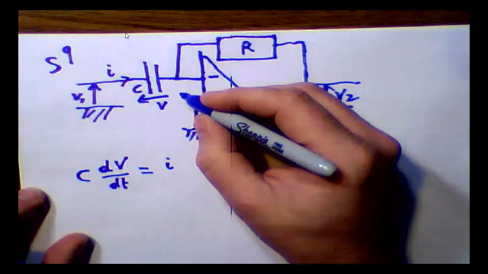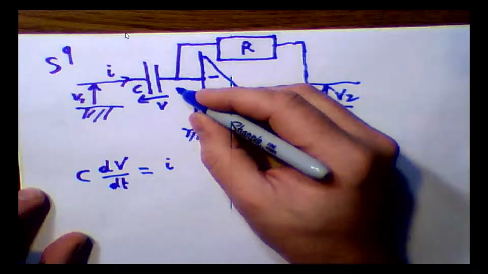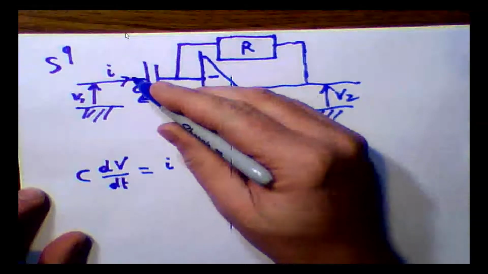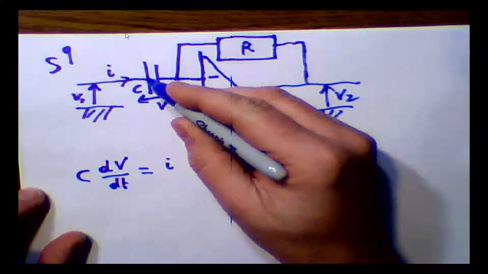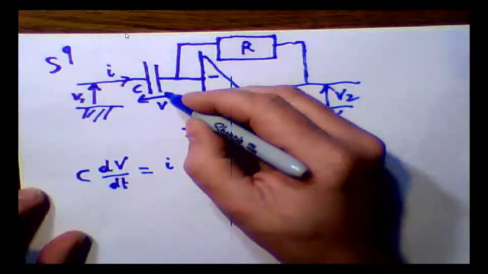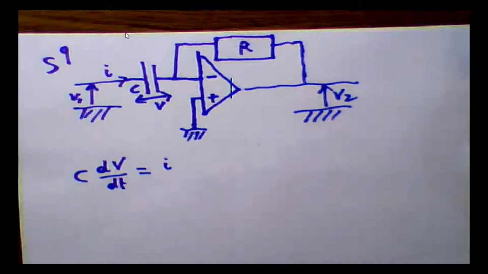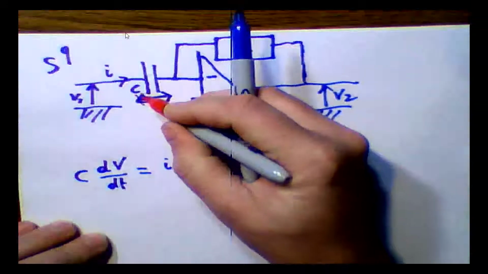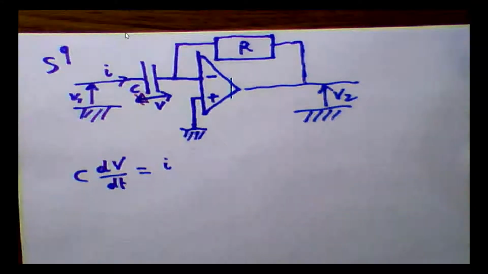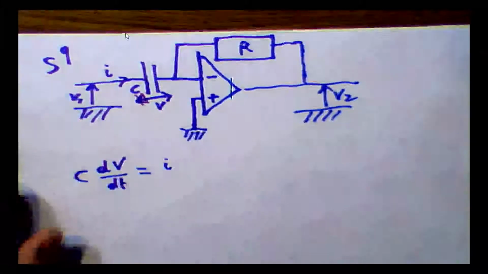To be more precise, if I is counted positive this way, the electrons charge negatively here, positively there. So we're going to use the other convention, that V is counted positively the other way around.